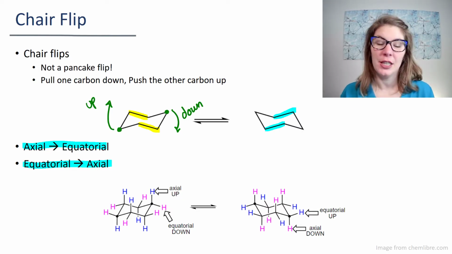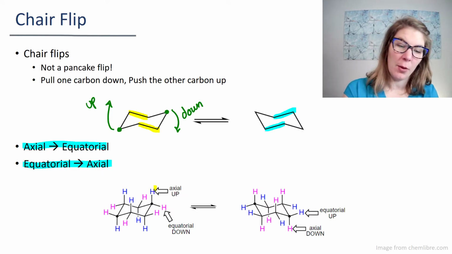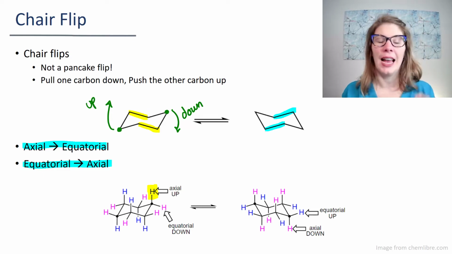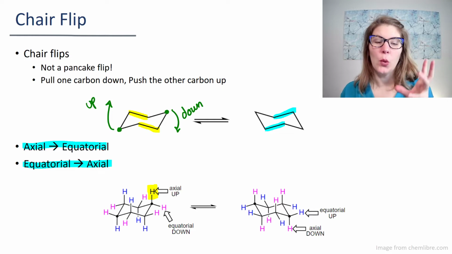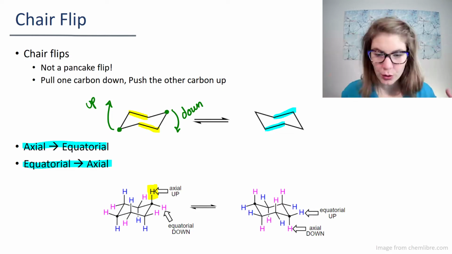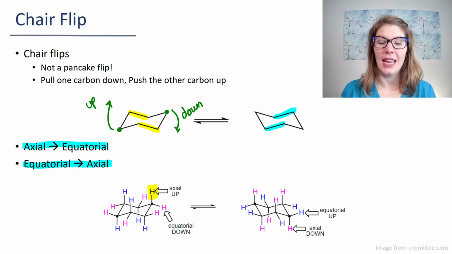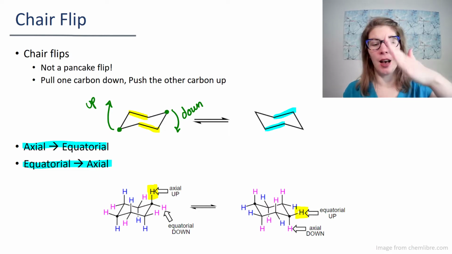If I bring your attention to the bottom figure, I want to show you how this hydrogen that I just highlighted in yellow says axial up. When this hydrogen goes through the chair flip, it will now be at the equatorial position. And it will still be pointing slightly up.